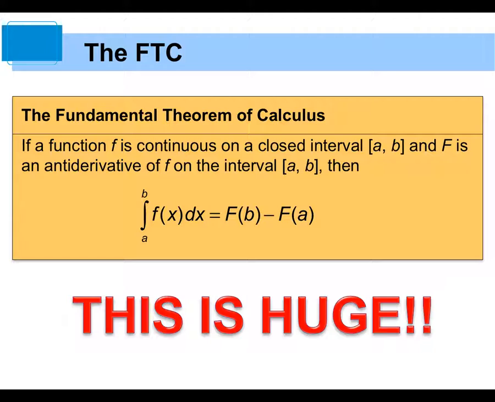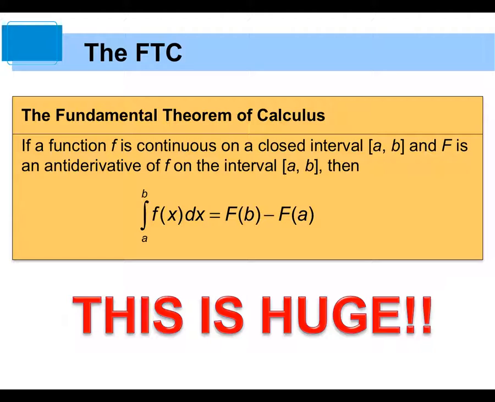We have an integral here. It's a definite integral. We have a and b. So remember, physically what we're talking about is the area under a curve from a to b. If I want to find the area under the curve from a to b, we looked at all the geometric ways to do that, which we'll talk about with the green worksheet in a little bit. But this is going to allow us to do it for functions like I talked about the other day, when we had x squared and you got this weird curve.